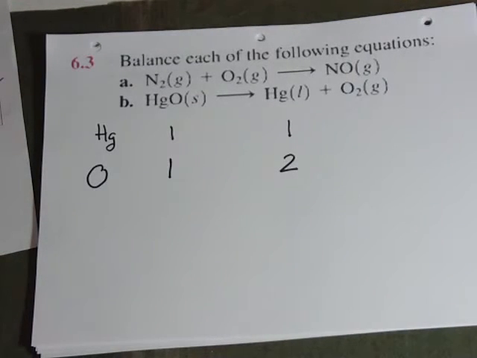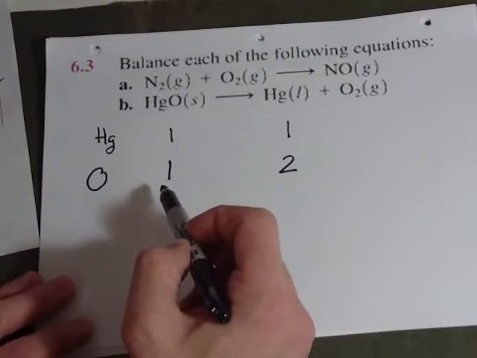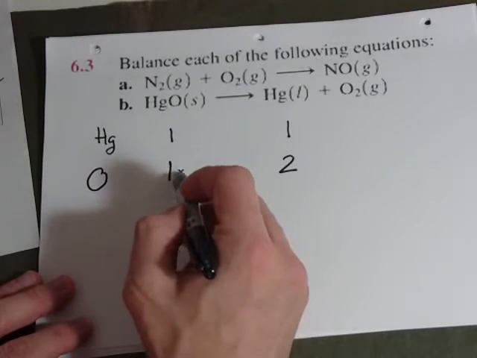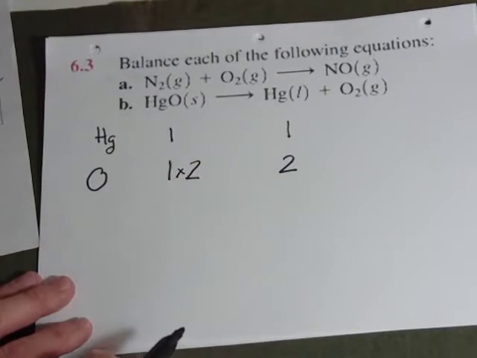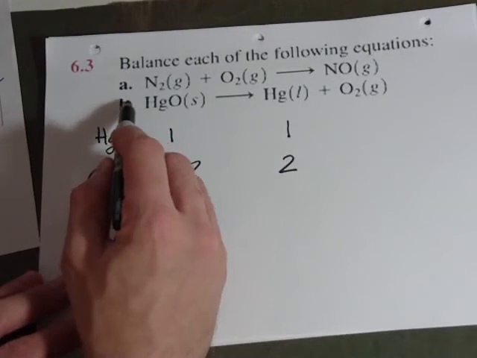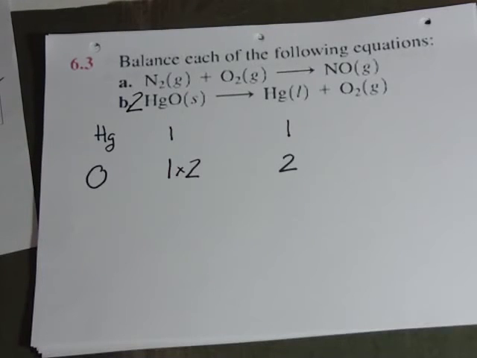So we see that these numbers are not balanced, and we need to figure out what to do to balance them. The discrepancy is coming from the oxygen, so somehow we need to multiply it by 2. If we multiply our oxygen by 2, we need to put a coefficient of 2 in front of the mercury oxide in the equation.